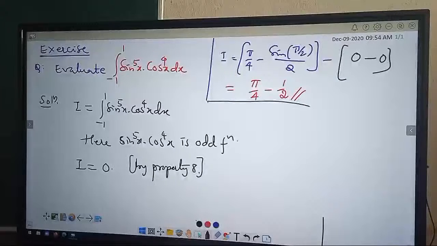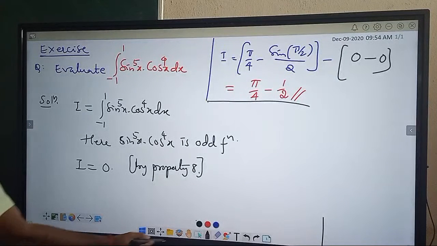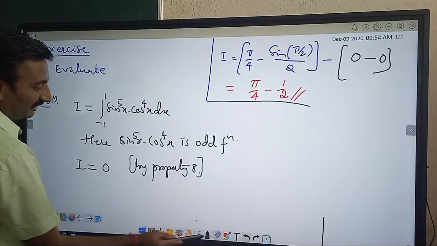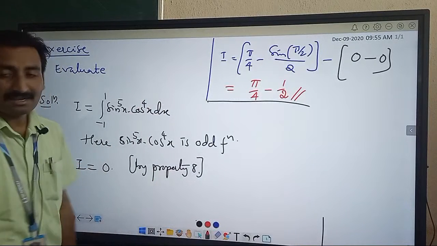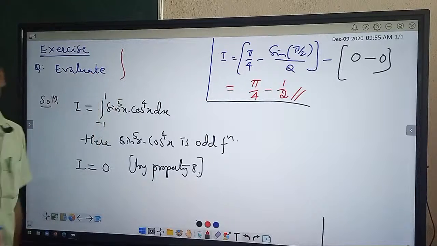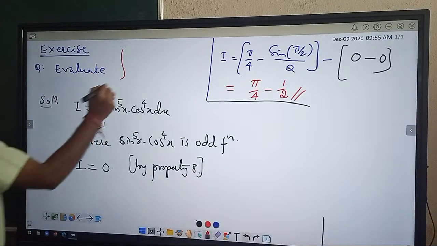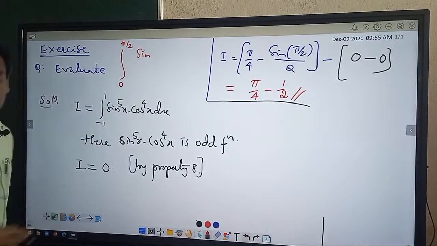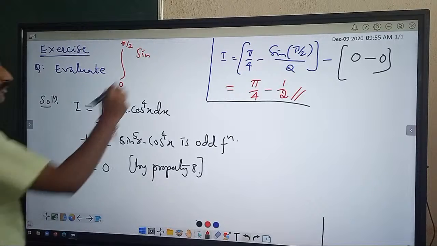You try it. I am doing the same problem in the next class also. You don't think that the teacher has nothing to do in the next class, that he will do the same, but you try for it. Okay? Integral from 0 to pi by 2 of sin^4 x divided by sin^4 x plus cos^4 x. If you want, you can try. Otherwise, I am only solving this problem.